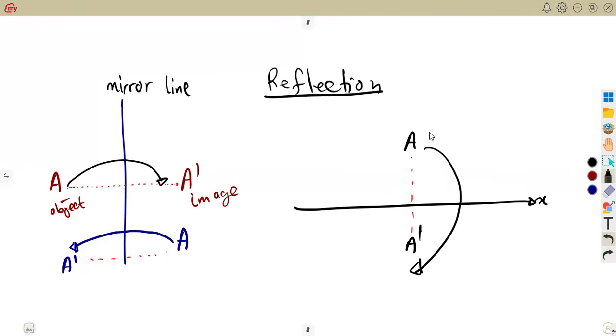You transform a point A, let's say our point A is given as (5, 2). You transform it. So what it means is that this point is going to move straight going down. And the number of units that it is going to move from this point A to the mirror line, remember, this is your mirror line, it is the same distance that it is going to move from the mirror line to the image. It is going to move the same distance.